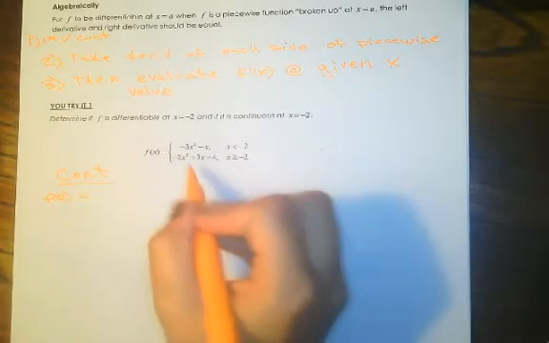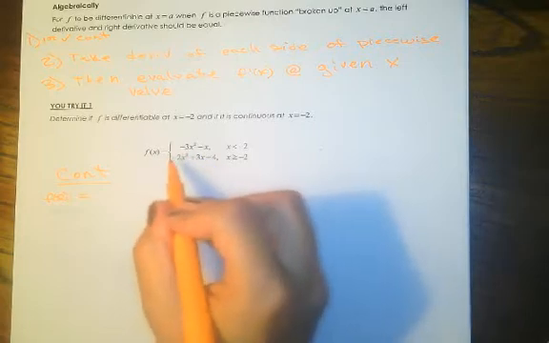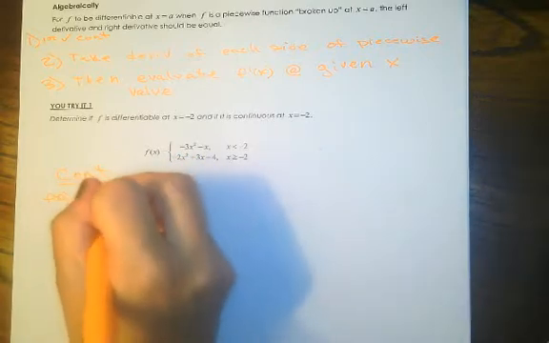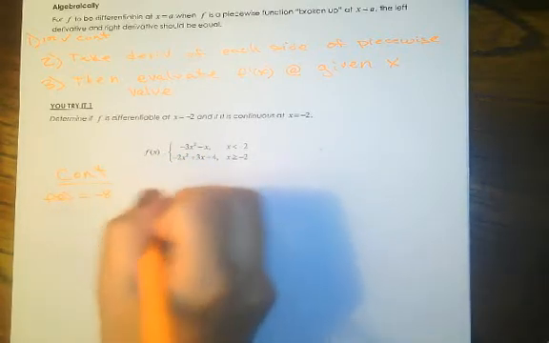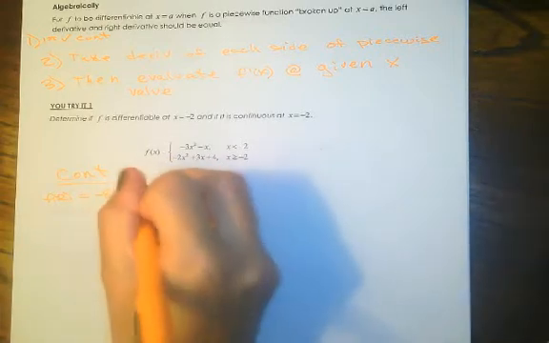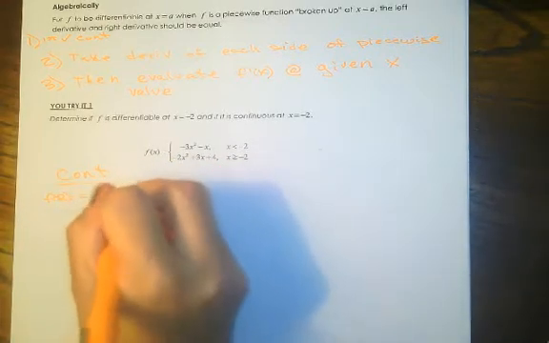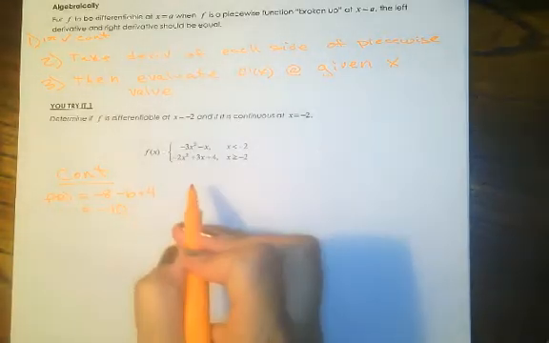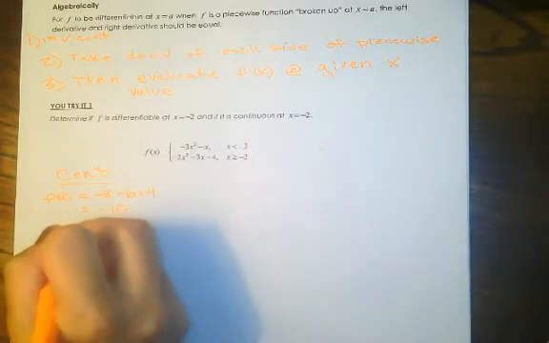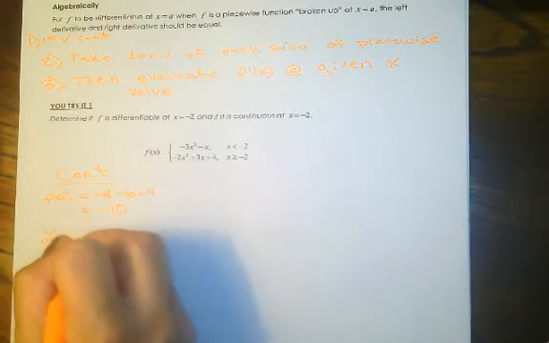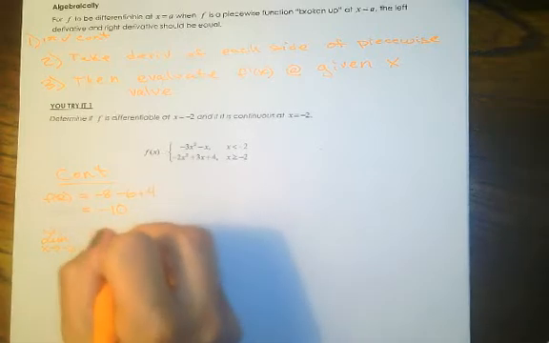So when you plug in that -2 squared, 4 times there, that gives you -8, and then -6 and +4. So f of -2 gives me -10. So does f of -2 exist? Check. Now I need to take the limit as x approaches -2 from the left of f of x.